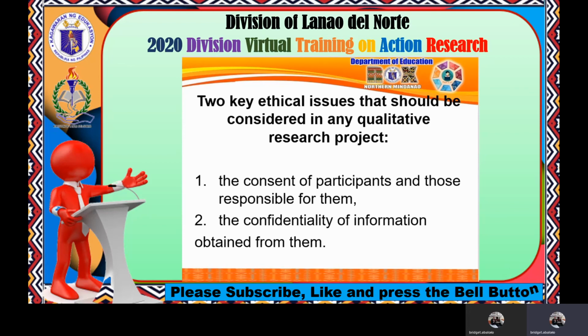Another ethical issue that should be considered in doing a qualitative research project is the confidentiality of information obtained from them. Meaning to say, whatever the information, whether it is a secret or not, it should be kept only between you as a researcher and the participant. So, no need to share it with your co-teachers.